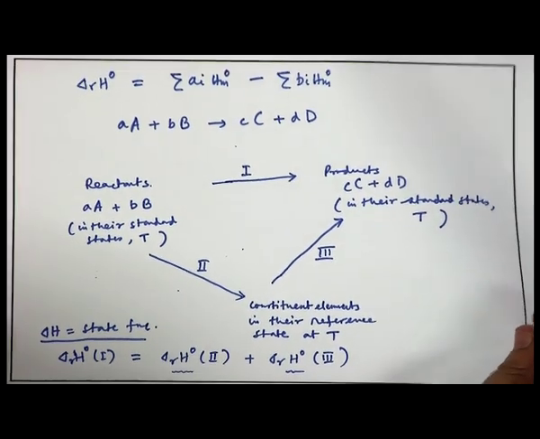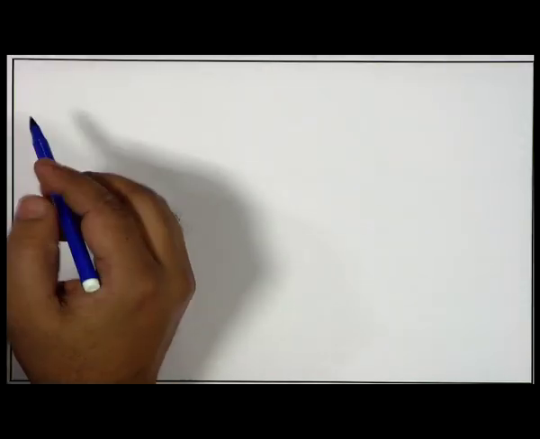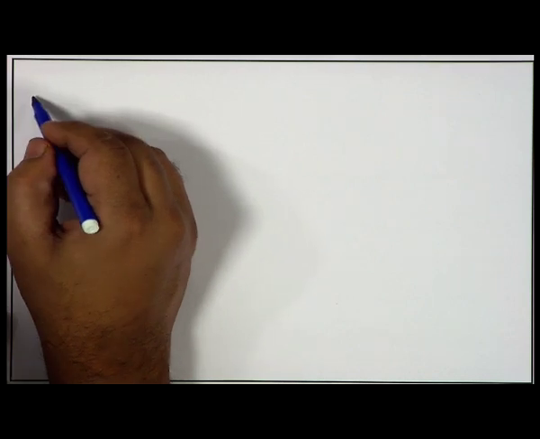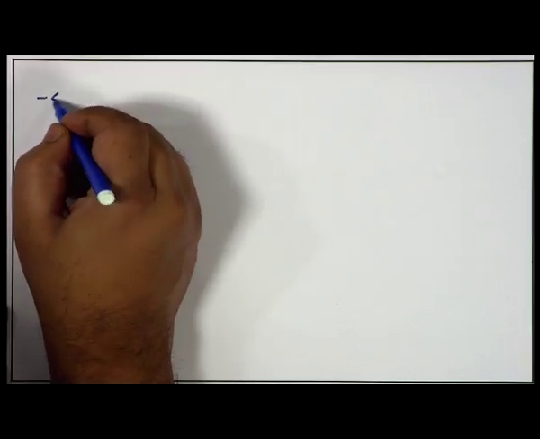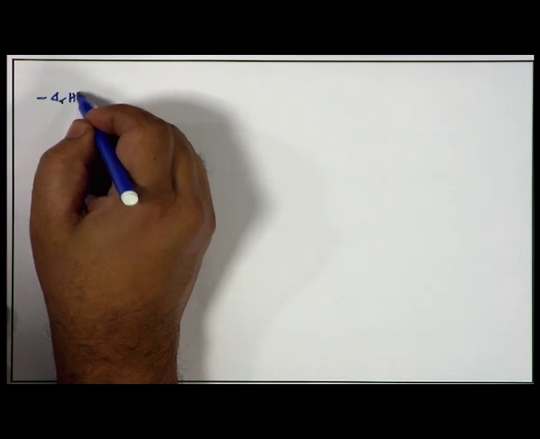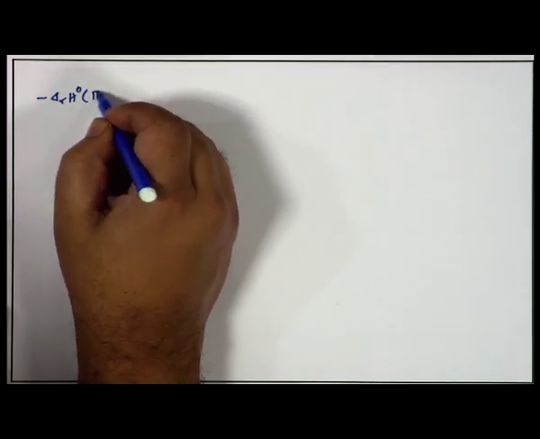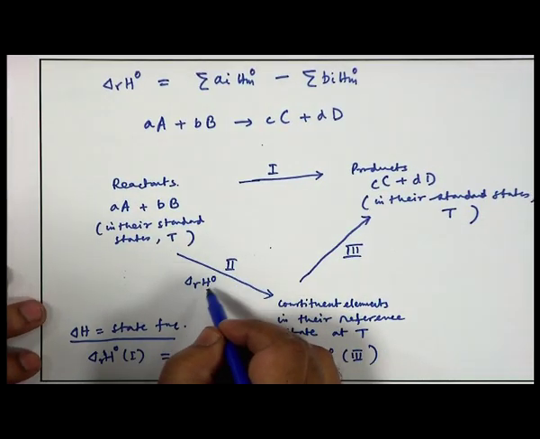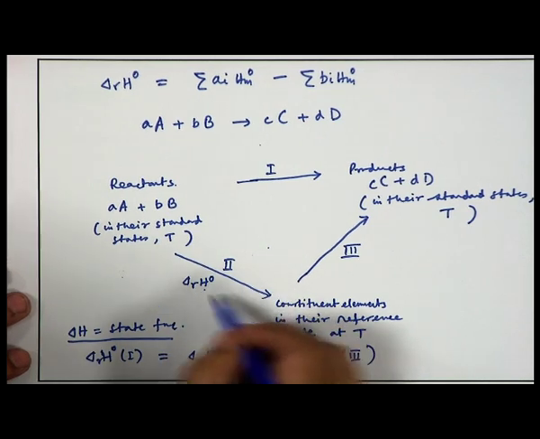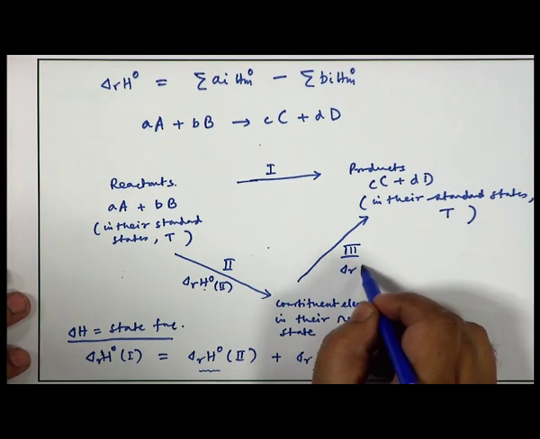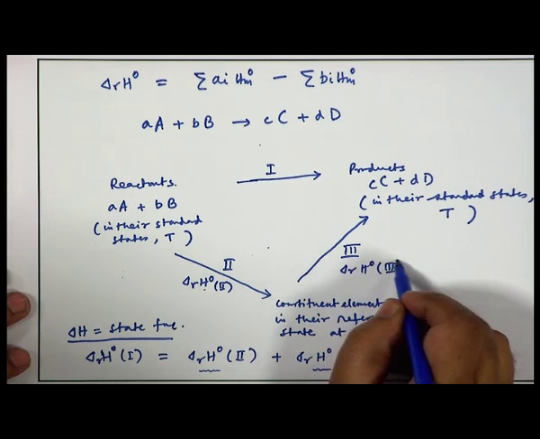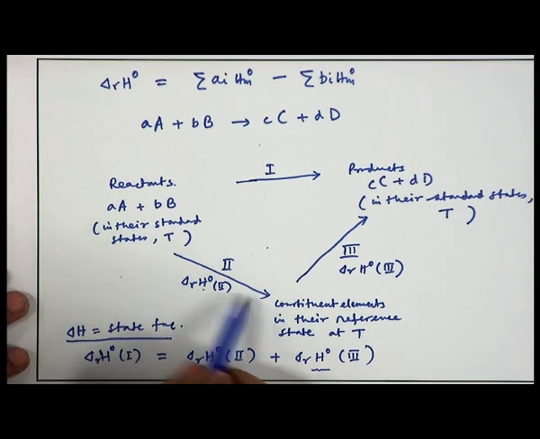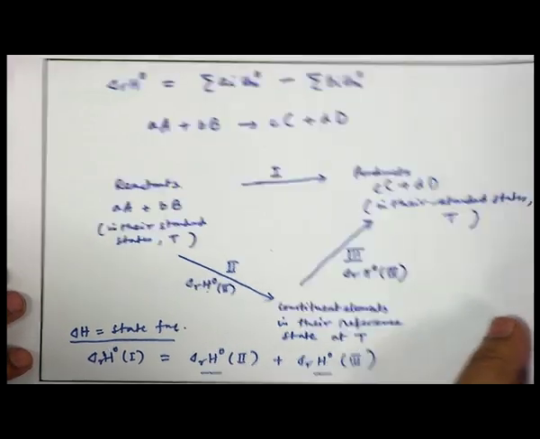So, we can write the second reaction with a minus sign, delta R H 0 for reaction 2 and delta R H 0 for reaction 3. This is the reverse of the formation reaction, so we are putting the minus sign.